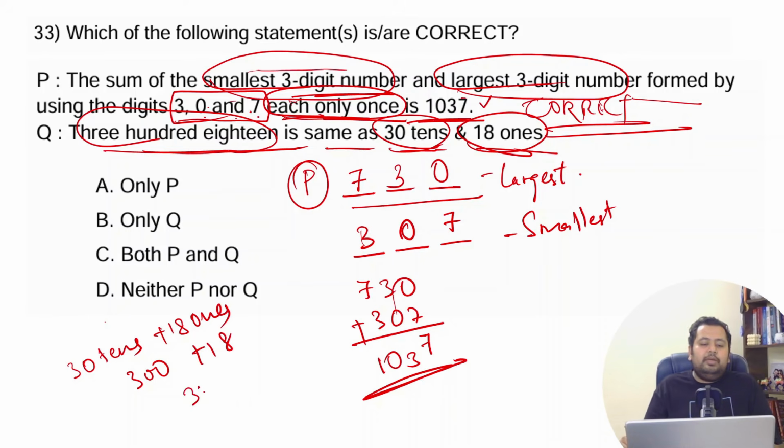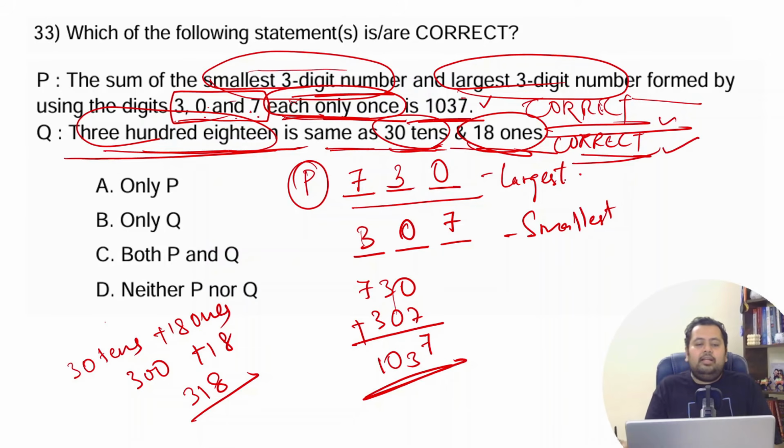If you do this addition, it becomes 318, and 318 is the same as this. Yes, it is correct. So this becomes correct as well. So both P and Q are correct statements. So option number C is the correct answer. Hope you got this one correct as well. If you did, give yourself a star.